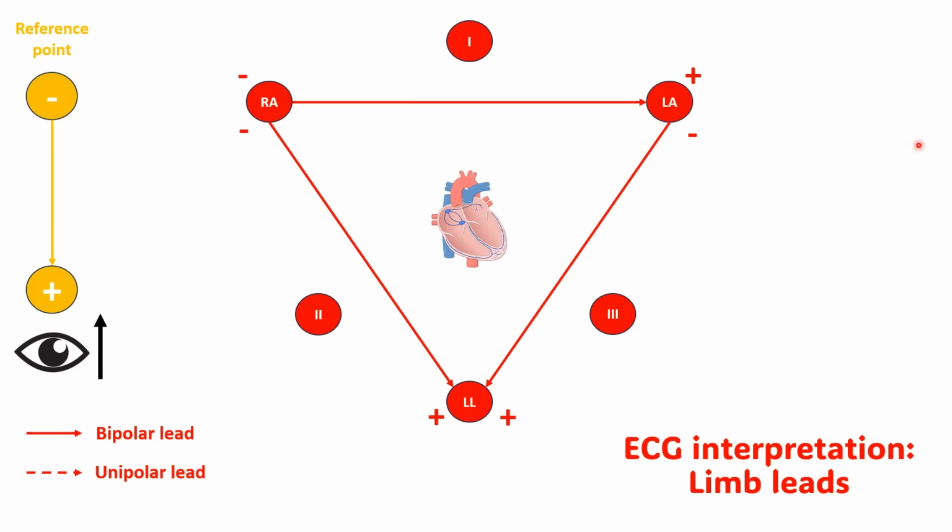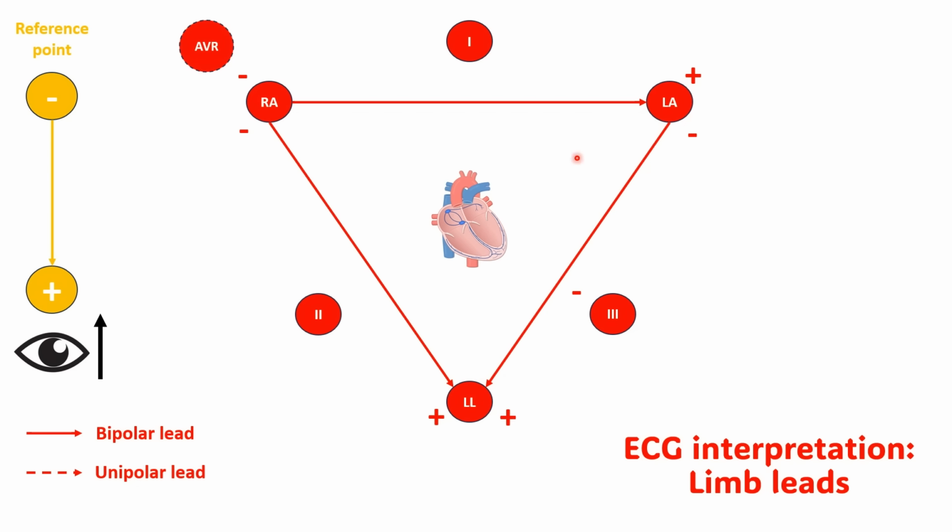And the negative pole is going to be the average of the inputs from the other limb electrodes. You'll understand that more in a second. So we have our negative pole here, which is the average of the inputs from these two electrodes.